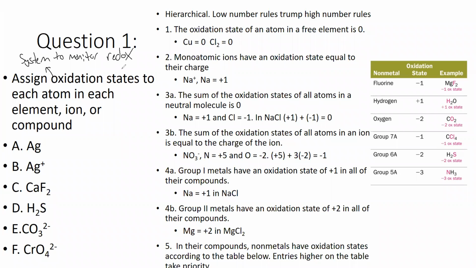They're basically a fake number that chemists assign to elements. And the change in oxidation state during a reaction tells us if something was oxidized or if something was reduced, right? So oxidation is loss, reduction is gain.